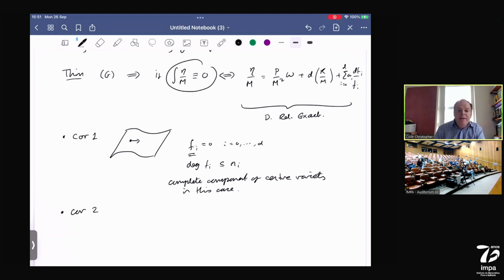Second corollary is, now we know what gives zeros here, we should then be able to count how many terms we've got left. And so we ought to be able to estimate the number of limit cycles.